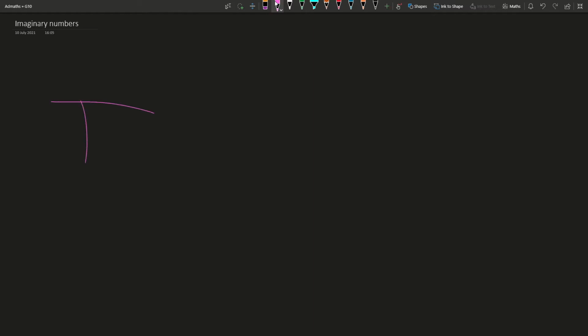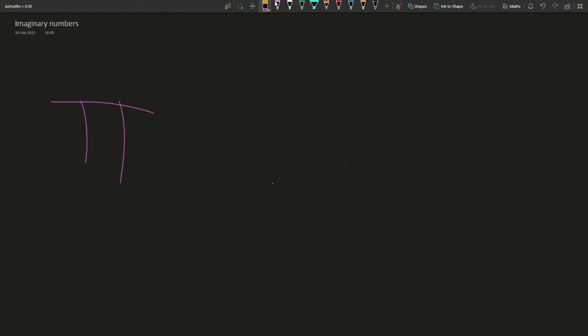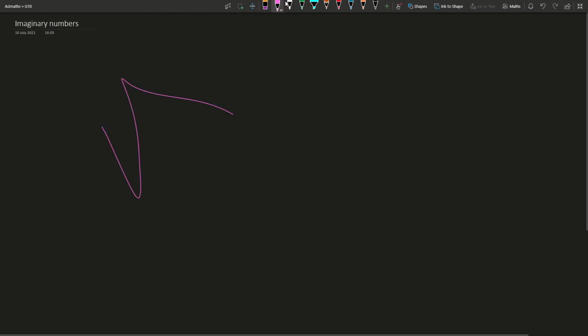Numbers like pi, which go 3.1415 and continue onwards, and you can't put it as a nice simple fraction, you can't put it as a nice happy rounded number. It's also things like surds, like the square root of 2.